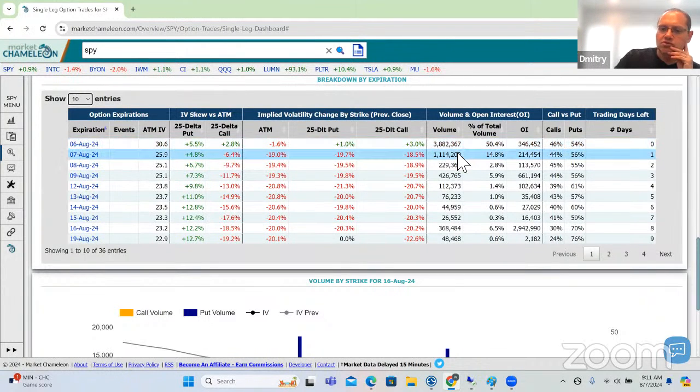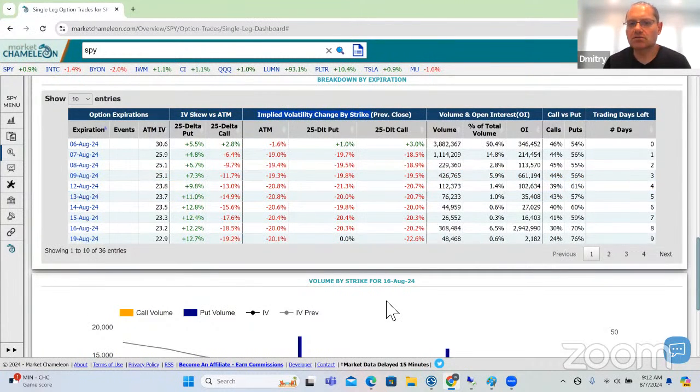Then we also get these summary stats, which help us get an idea how the options react. Did the option premiums go up or down, and how has the skew changed from one day to the next, or what does the skew look like? I'll do a quick recap.